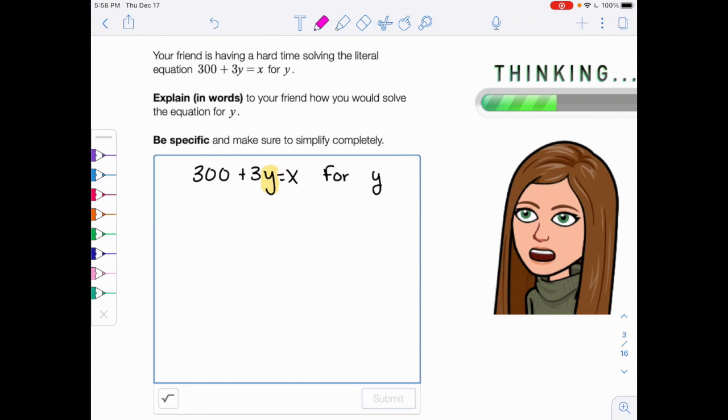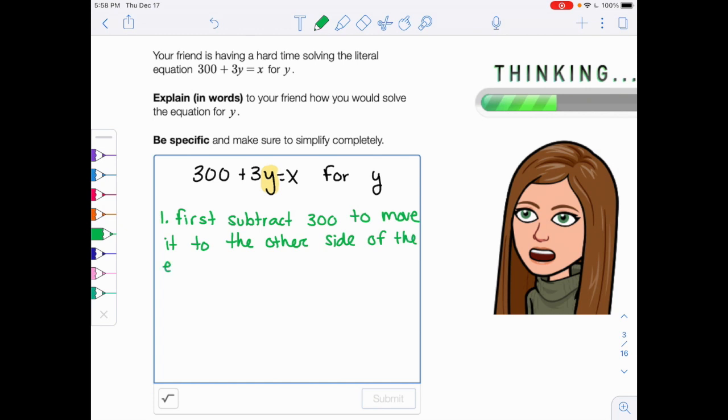If I was talking to my friend here, I would say first subtract 300 to move it to the other side of the equal sign, and get 3y equals x minus 300, or 3y equals negative 300 plus x.